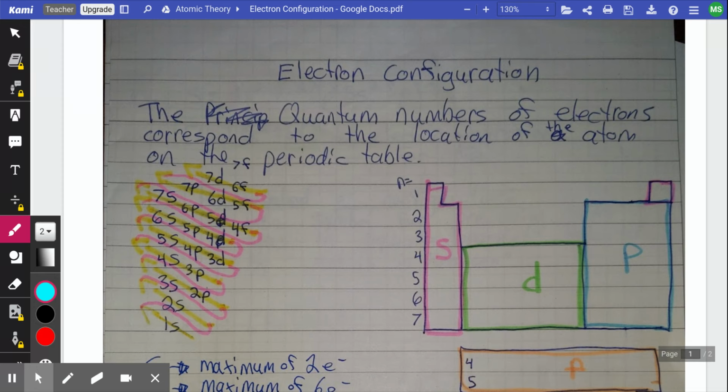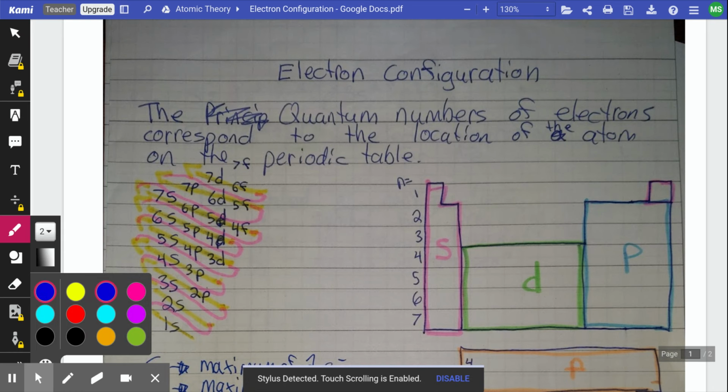So if you follow the line, you are moving in the order that you have to fill the orbitals. That's just one way, but another way is to use your periodic table, and I will talk about that in a second.